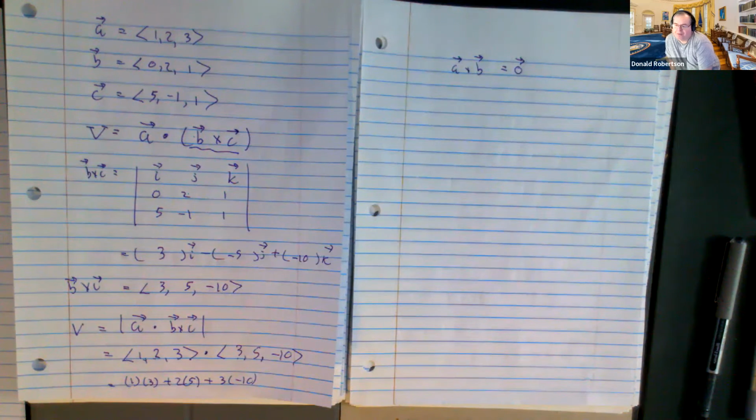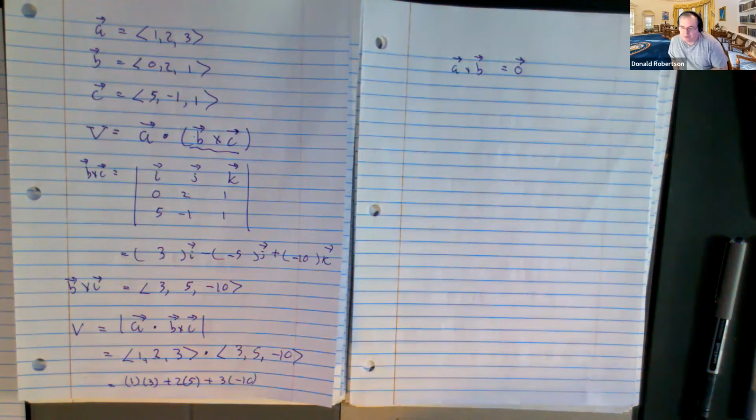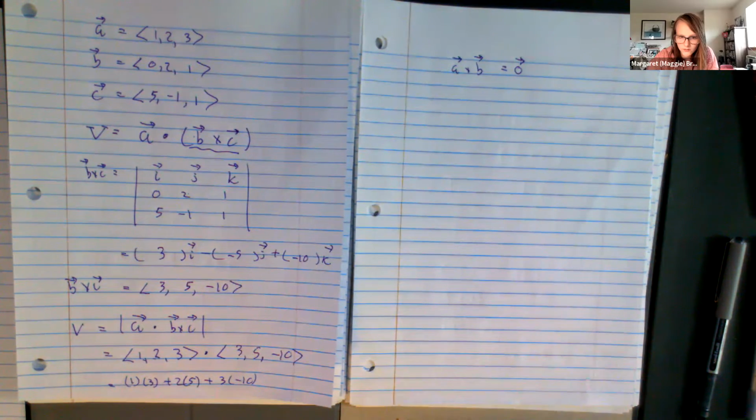How could that happen? We've spoken about this before. Two vectors, A and B, have a cross product that ends up being the 0 vector. What do we call? They're identical. Identical does work, but more general than identical, what else? And parallel.